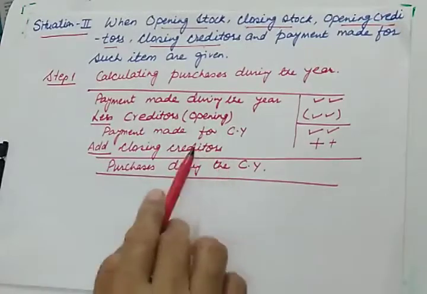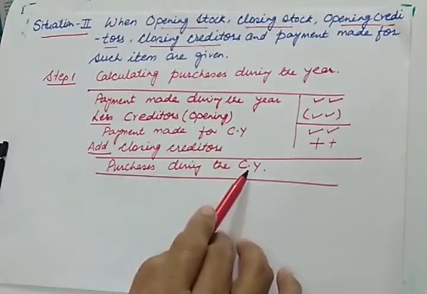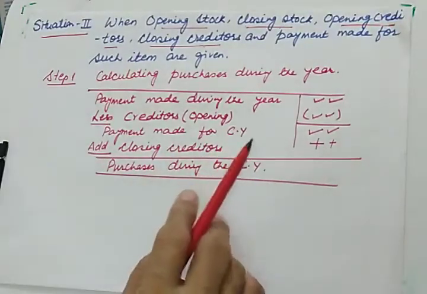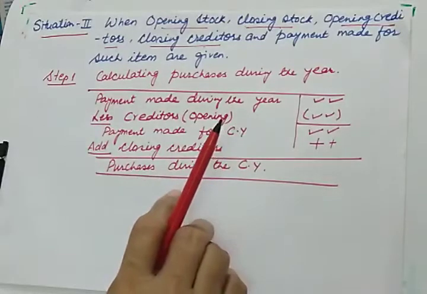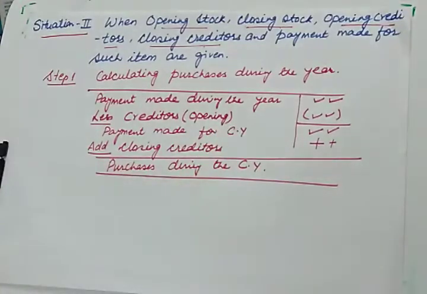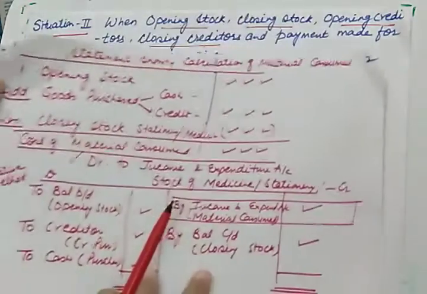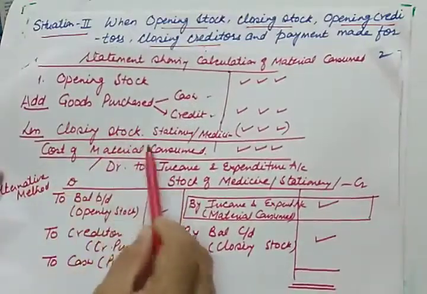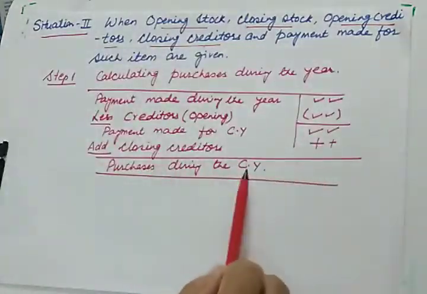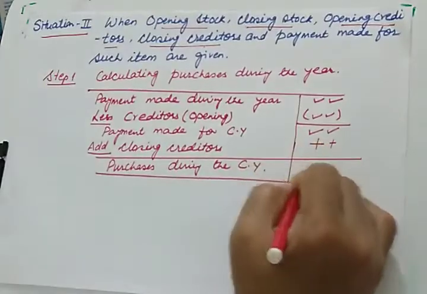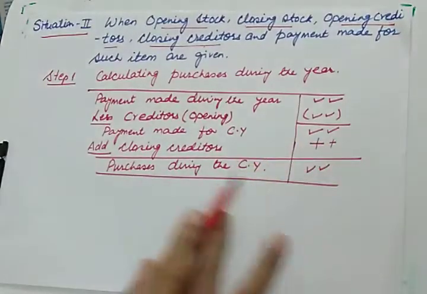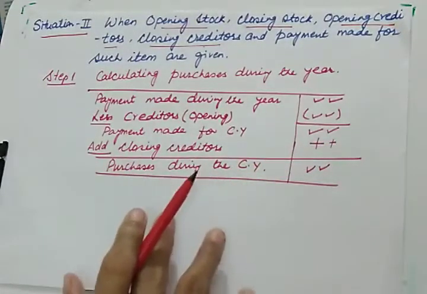So now, don't you think we got the same detail as in the previous case? In the previous case, the formula was opening stock plus purchases minus closing stock. So when you get purchases after doing this exercise, this becomes the same as situation 1.